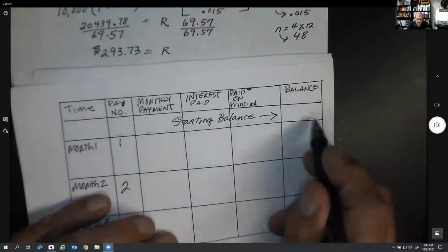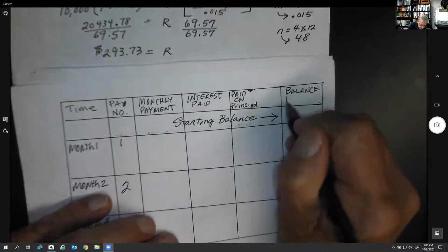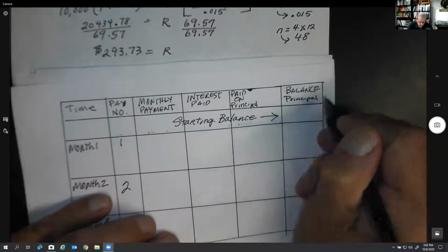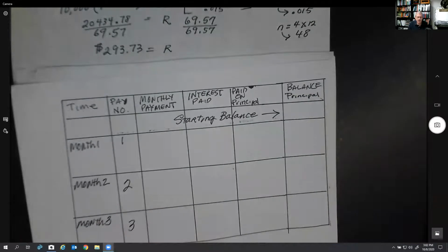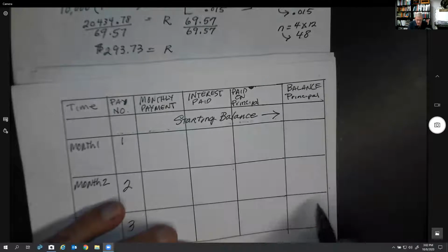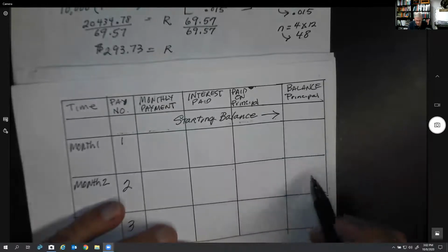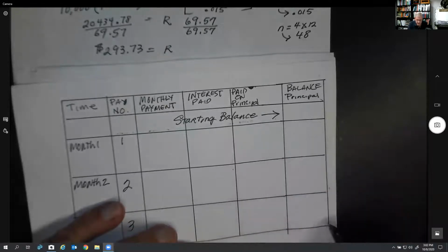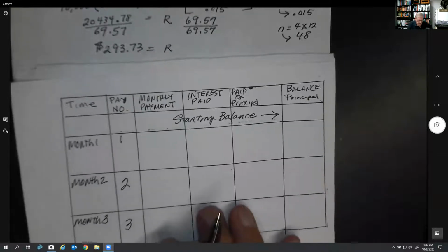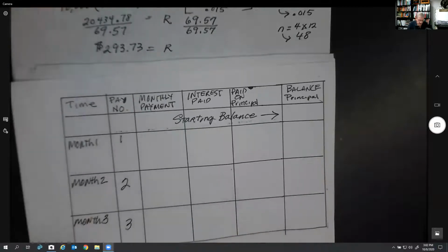That's your balance of your principal. So we should write principal. Okay. So this is how we're going to make an amortization. And then this will tell you what your balance is left over each month. How much is left on this payment. So we're going to try to figure that out each month.